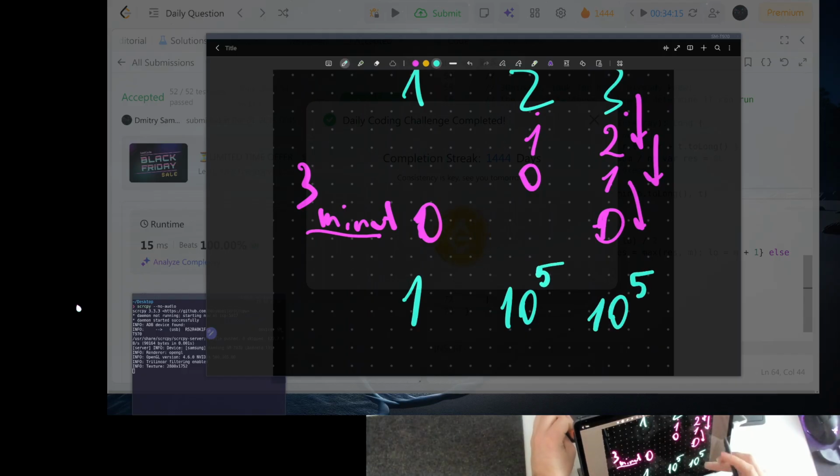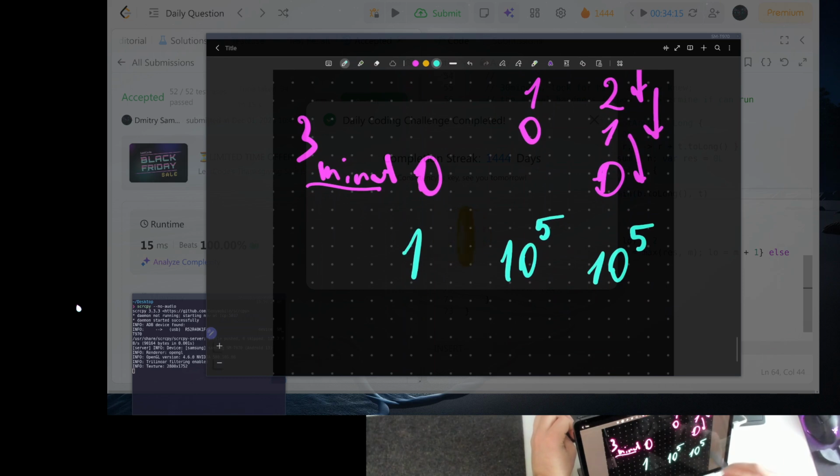You can't go minute by minute in this way, so you have to do it differently.